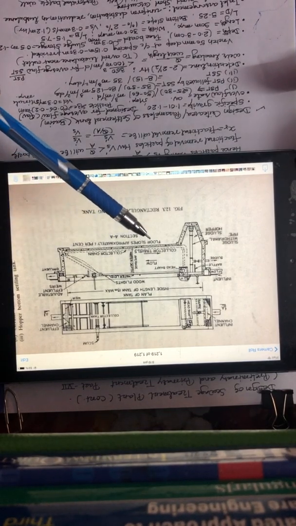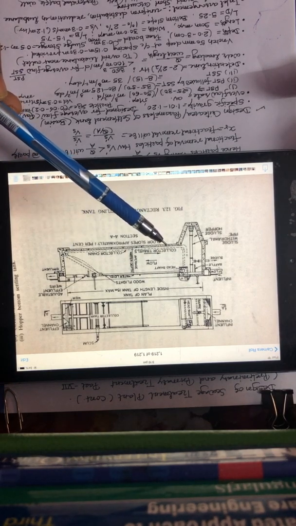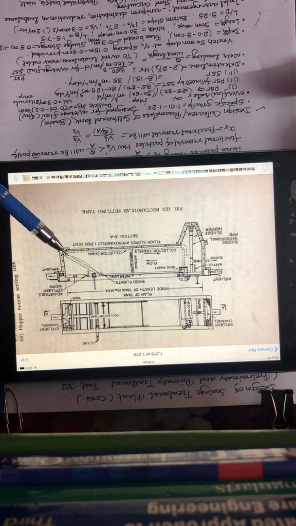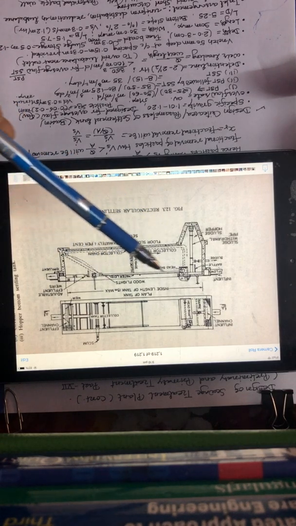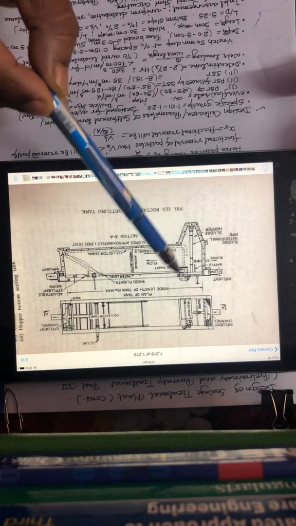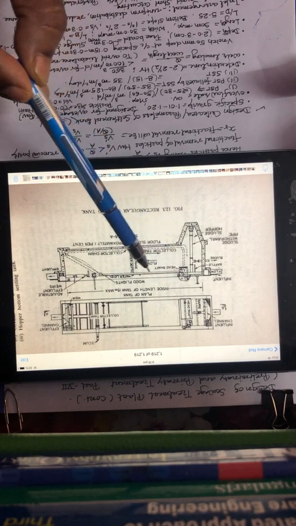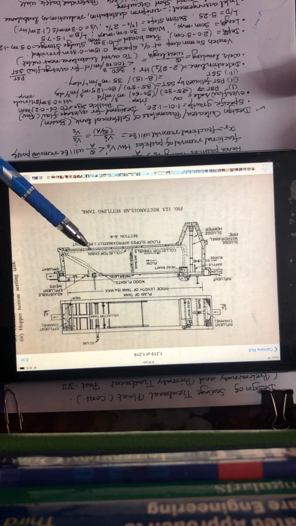At the bottom you can see there is a collecting channel, some sort of a traveler, some sort of a belt. It is moving on wheels. One wheel is here, another wheel is here, there is a motor, and this whole belt moves like this. There is a motor over the platform, so because of the motion it moves like this. This belt is slightly above the bottom.